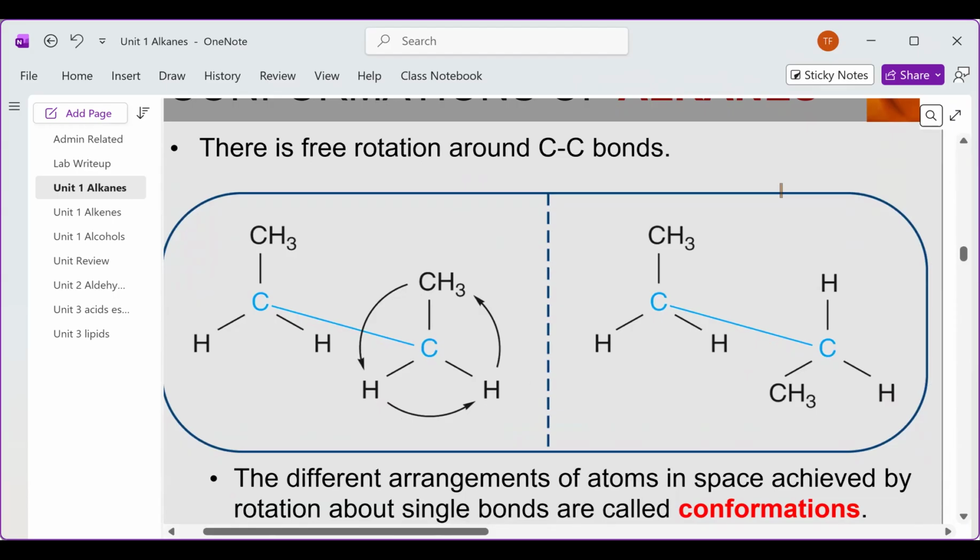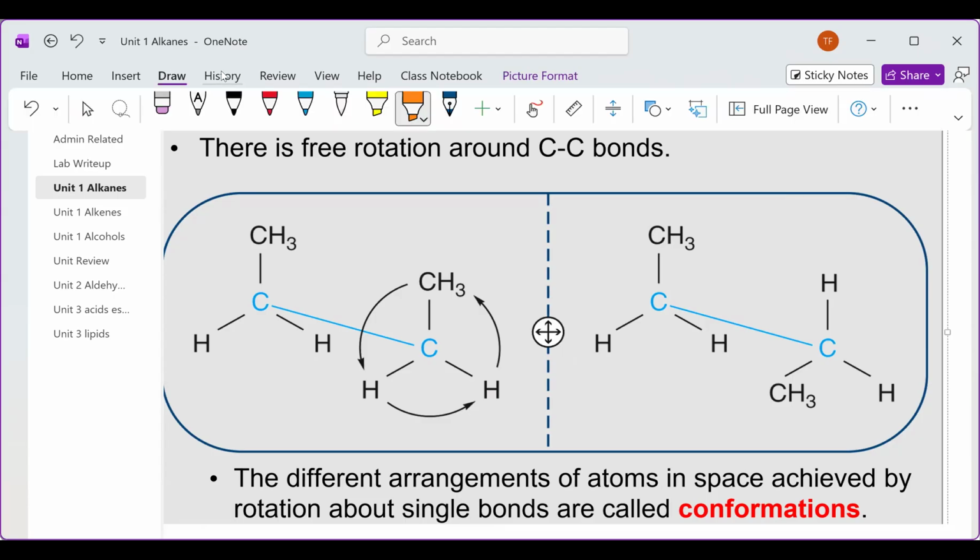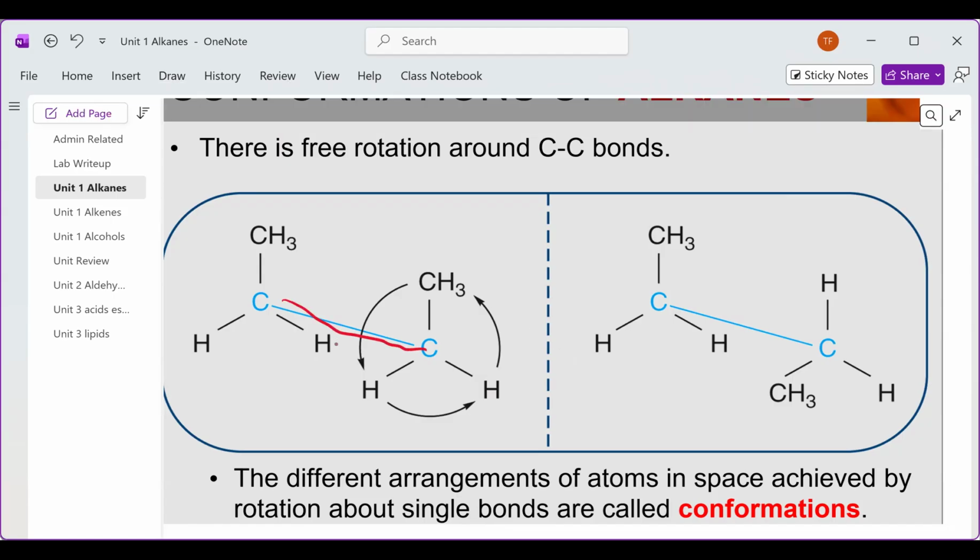Now, there's one property of single bonds as opposed to double bonds. Single bonds are free to rotate. So here we have a carbon-carbon bond. This guy here, carbon-carbon, single bond, and that can rotate. So this thing here can rotate.